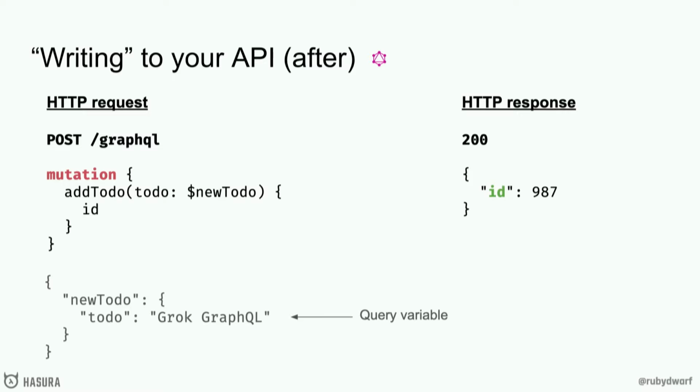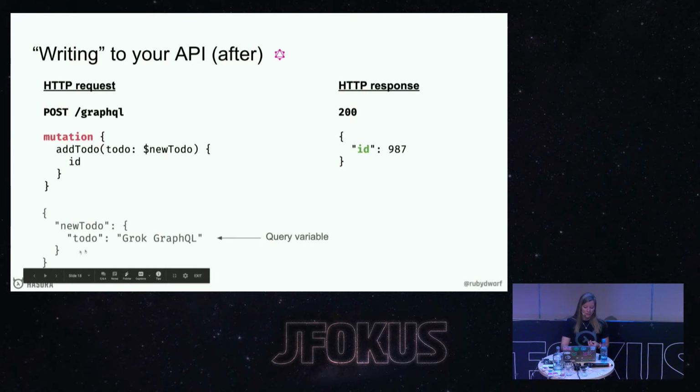So we're responsible to have good names so that front-end developers know what we are doing here. So it's very simple. It's called add to do. And then we have to pass the data that we want to add. And because it's cumbersome to have this whole JSON in the brackets of the function, we just use variables. So we say here, the new to-do will be the variable, and then we pass the query variable down here at the bottom.